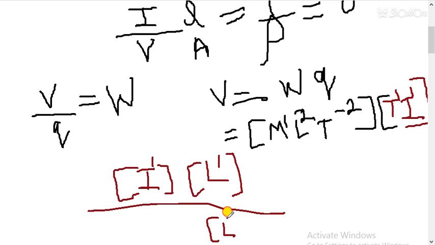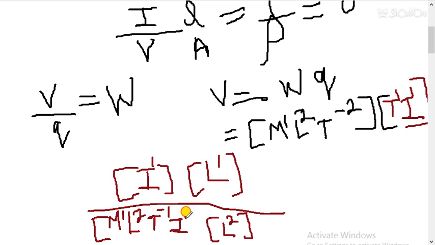So this was the question that was asked in the JEE exam online. So that's why I have selected this question, and the dimensions of V are M1, L2, T minus 1, and again I1.